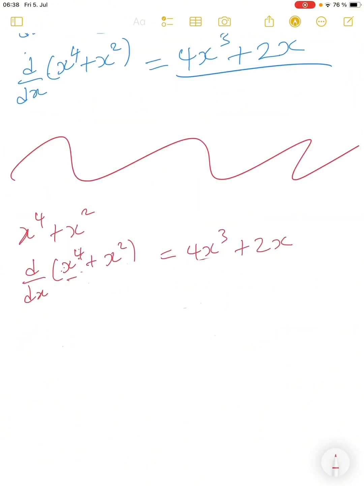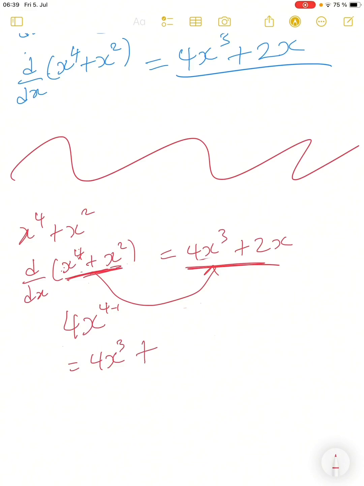Suppose we want to interpret this result. We must have obtained this by multiplying the power 4 with the coefficient of x to the 4, which is 1. 4 times 1 is 4. Then we have our x, and subtracting 1 from this power gives x power 3, since 4 minus 1 is 3. So 4x power 3.